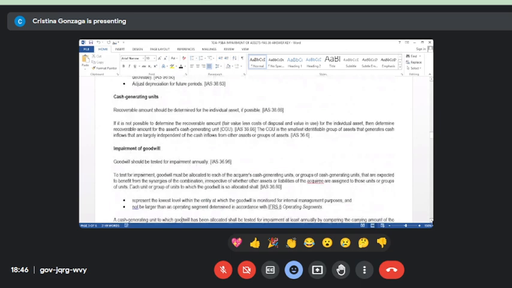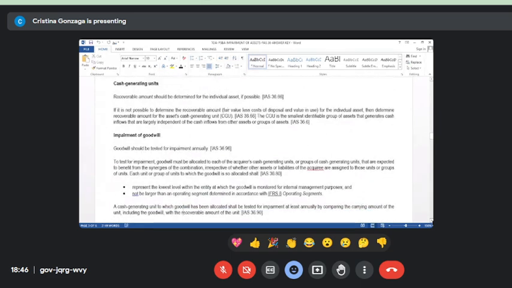Okay, goodwill should be tested for impairment when? Annually. Kasi goodwill nga siya non-identifiable asset nga. And that goodwill is not to be amortized. Nung unang panahon, ina-amortize namin ang goodwill. Pero ngayon, hindi na ina-amortize ang goodwill, di ba? If you are a full PFRS company. Except of course kung SME, iba yung ating guideline for SME, nag-a-amortize pa ng goodwill doon.